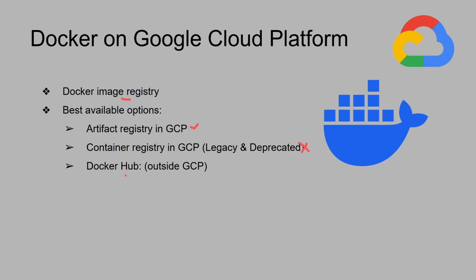Another one is Docker Hub. It is outside GCP. It is the largest public Docker registry. Another option is GitHub Container Registry, a Docker image registry provided by GitHub. It is also outside GCP. So in this video, we are going to explore Artifact Registry.